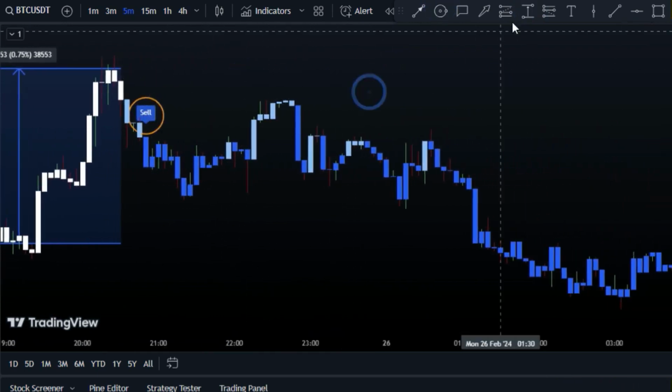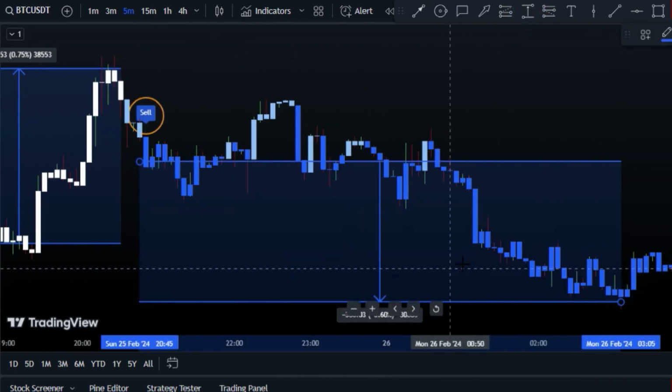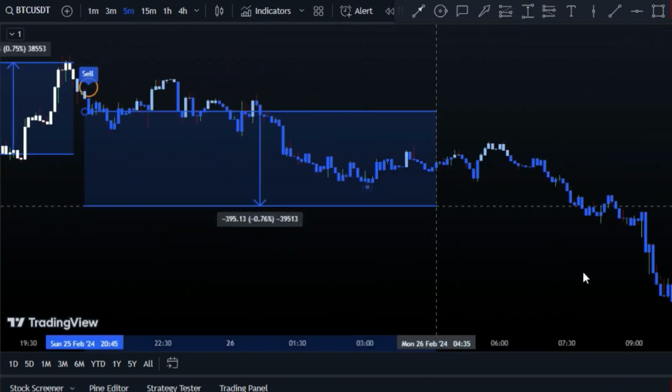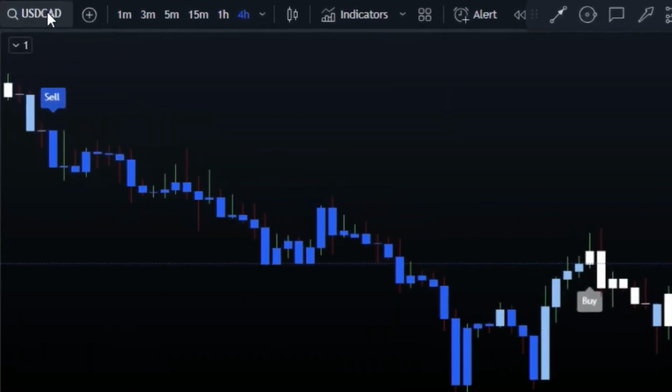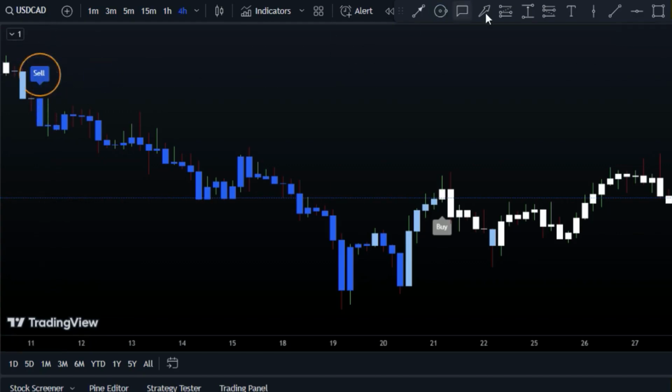Now that we've got the basics down, let's see the indicator in action with a few examples to help you better understand how it works. I've tested it on the USD CAD 4-hour chart.